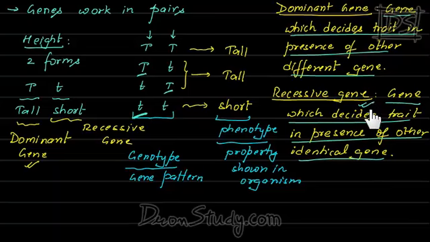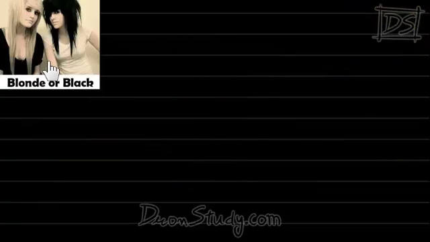Okay, right. Another thing that you will notice is that the dominant gene is denoted by a capital letter and the recessive gene is denoted by a small letter, which you can see here in this case. Okay, let's take another example, the color of hair. We generally get two types of hair color in human beings.